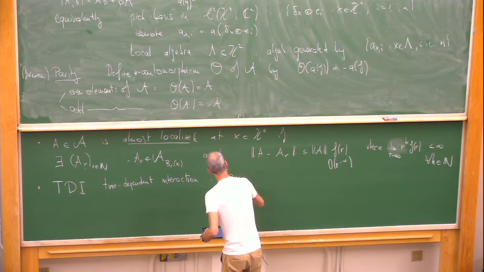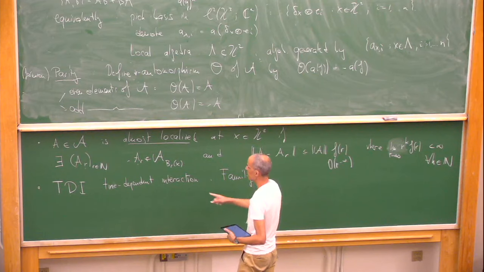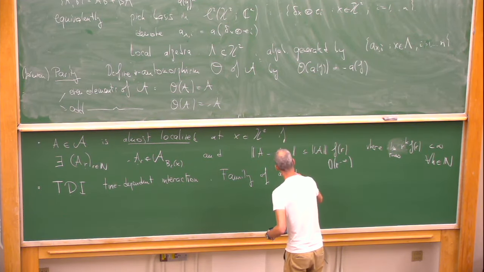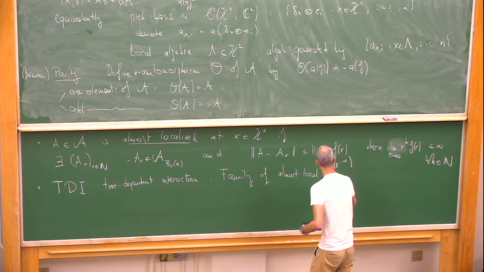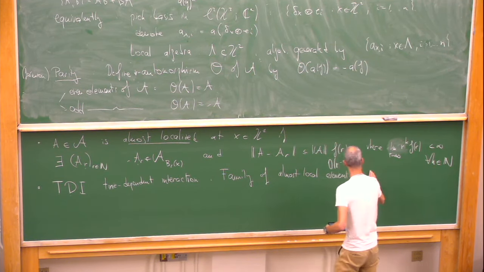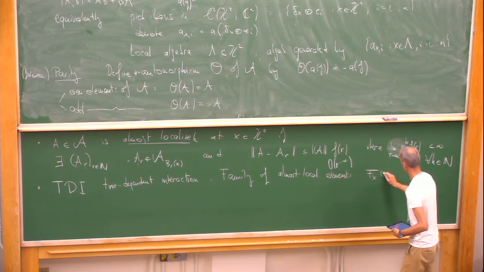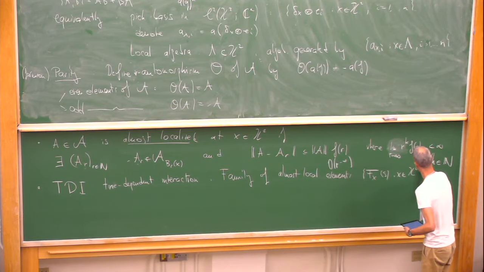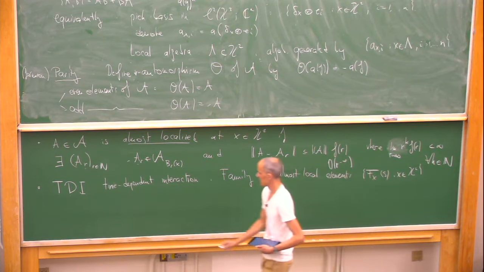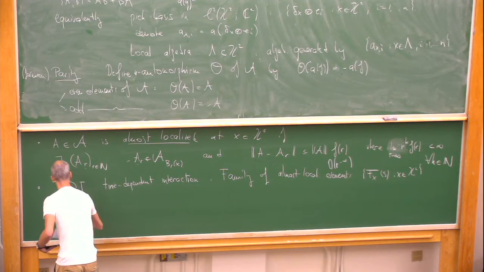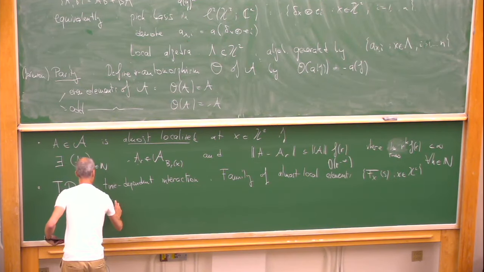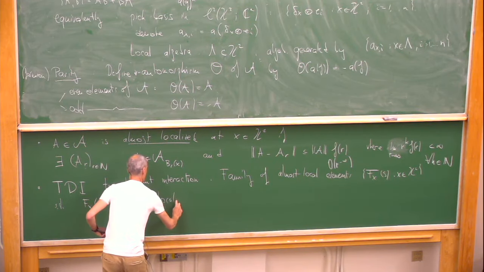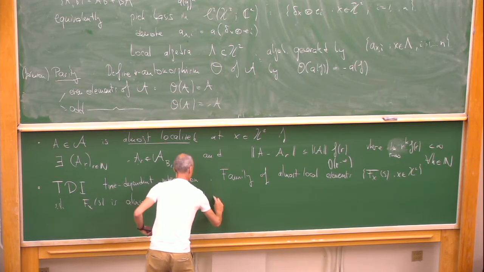It's just a family of almost local elements that I will call F_x, which may depend on a parameter s, with x in Z^2, such that F_x of s is almost localized at x.